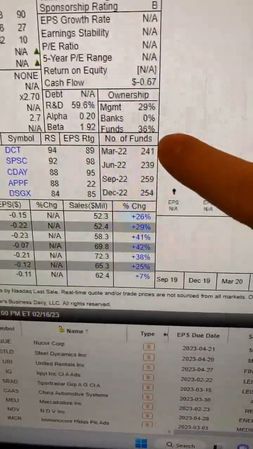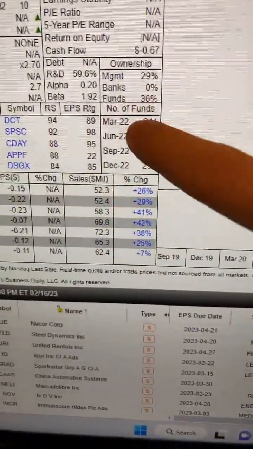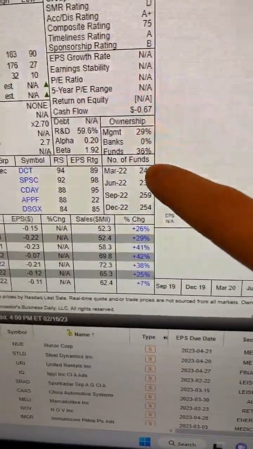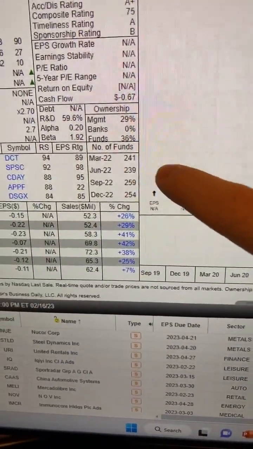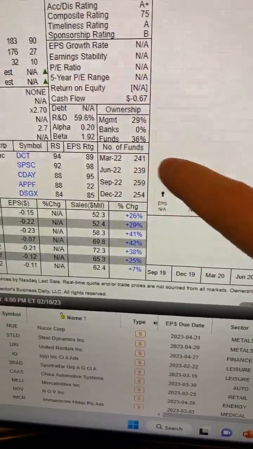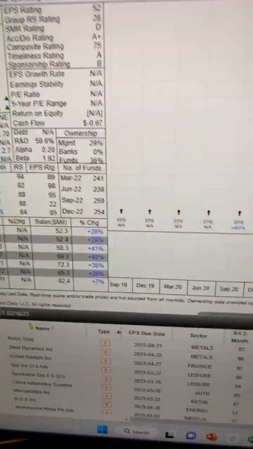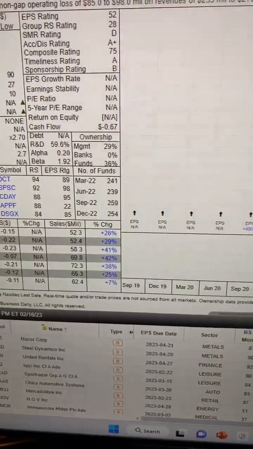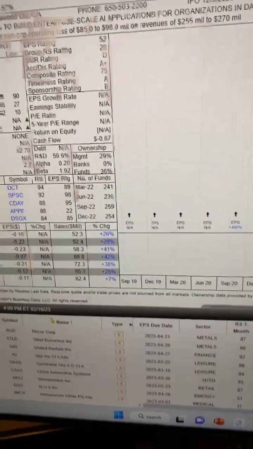Something that I like to look for is this right here. How many funds own this thing? I'd like to see this number increasing over time. The reason is that it's the mutual funds, hedge funds, the big institutions of the world that are driving the price.